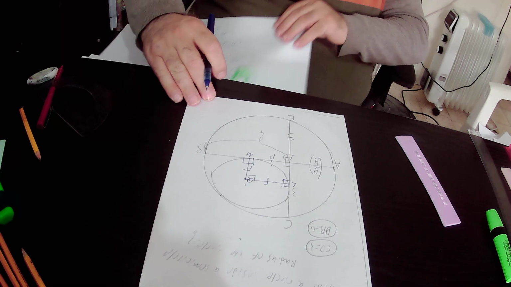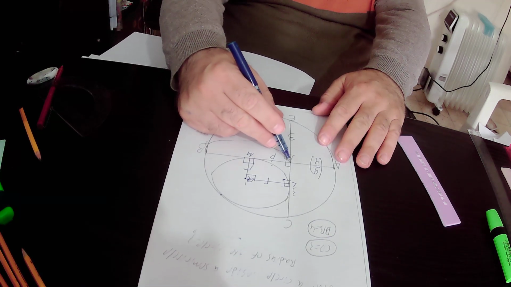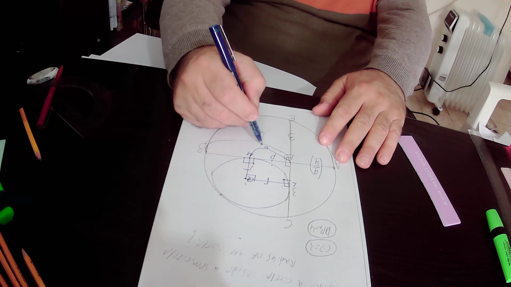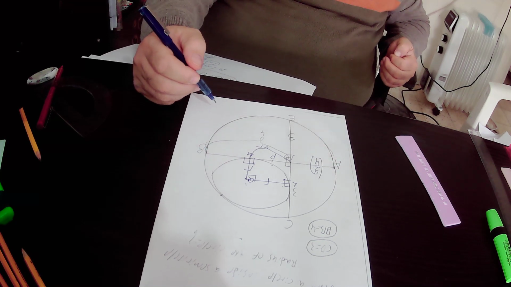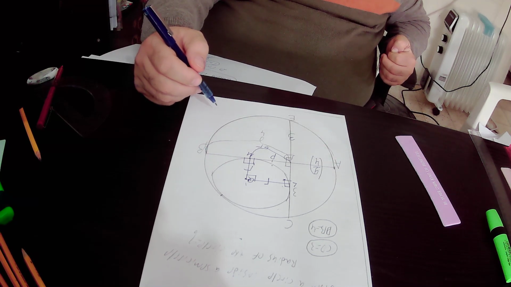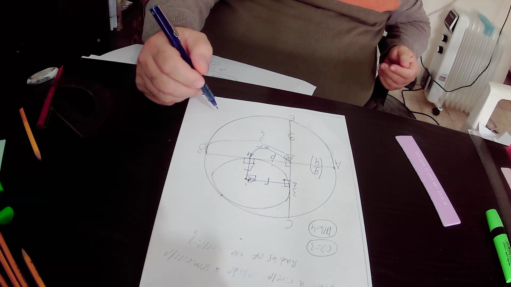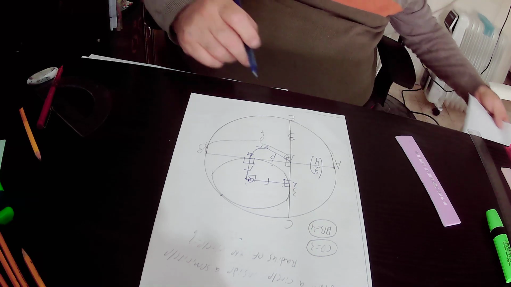So here we can write down that DM equals r, that is the radius of this small circle. And what is the length of DP?